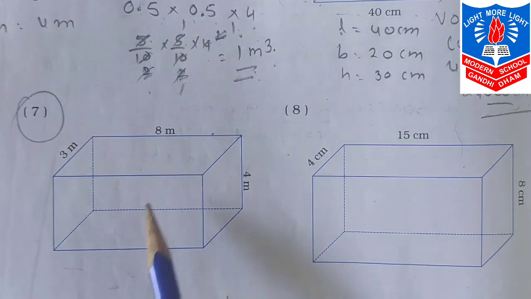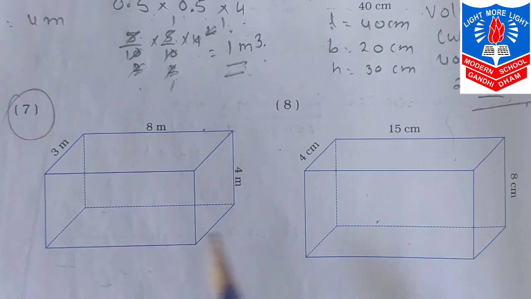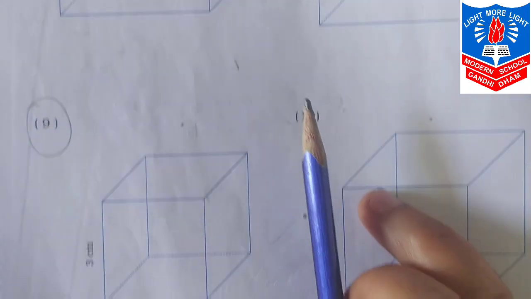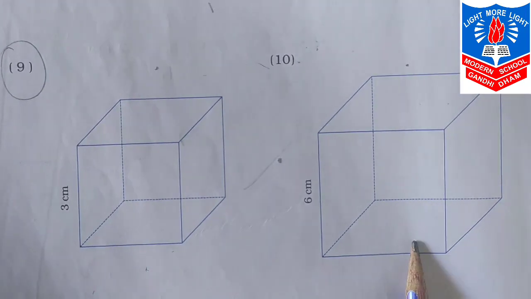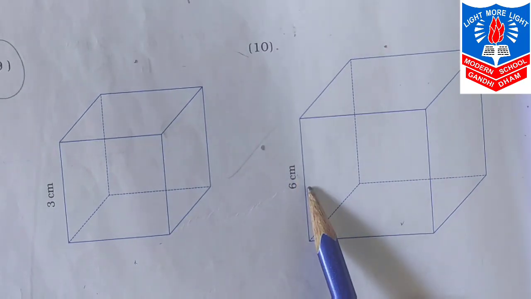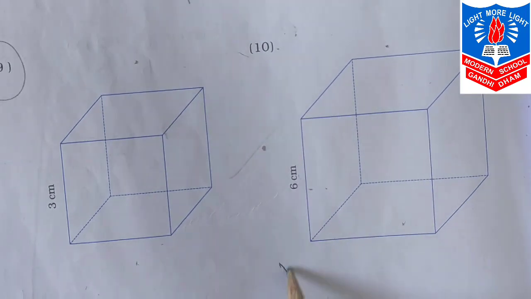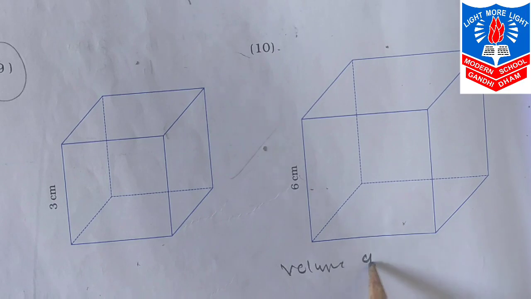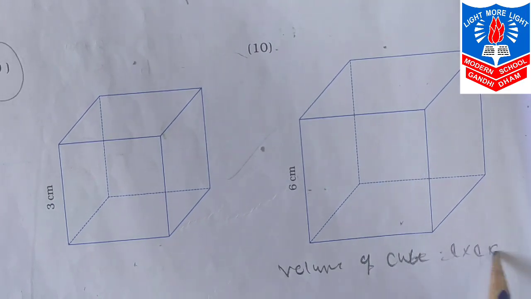See here question number 7th one, 8th one, see figure and check. Then 9th one, and this is 10th one. See the 10th one, only one side 6 centimeter is given, so it is a cube. So you solve the volume of cube is equal to length into length into length.